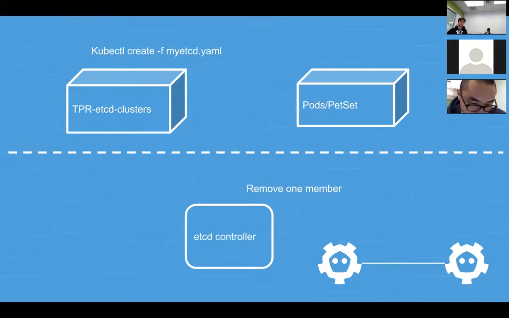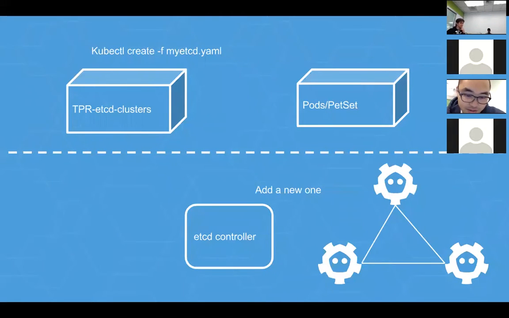First it's going to use the Kubernetes API to reconcile it, and finally it's going to use the etcd API to remove the member, use the Kubernetes API to create another pod, another process, and then use the etcd API to add the member back to the existing cluster. Now it gets to the desired state, which is a healthy 3-member cluster again.